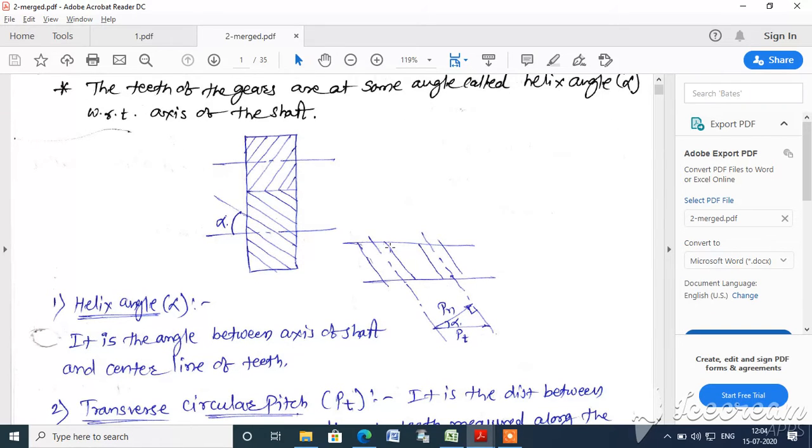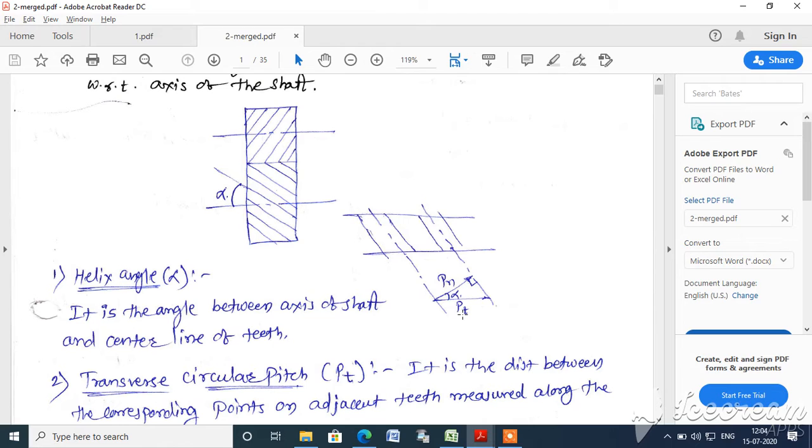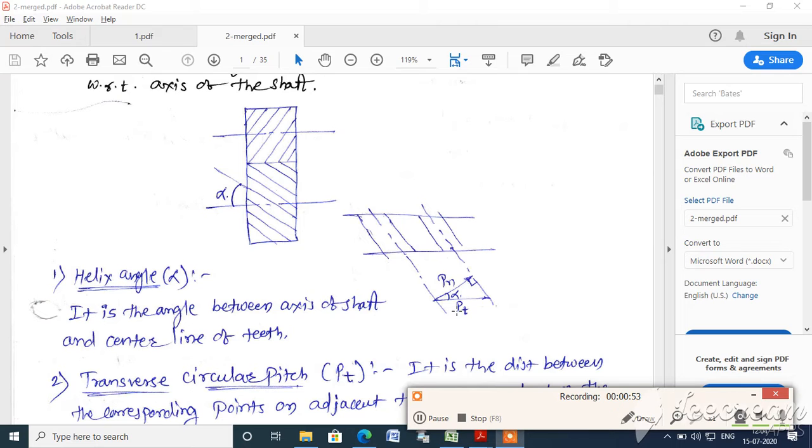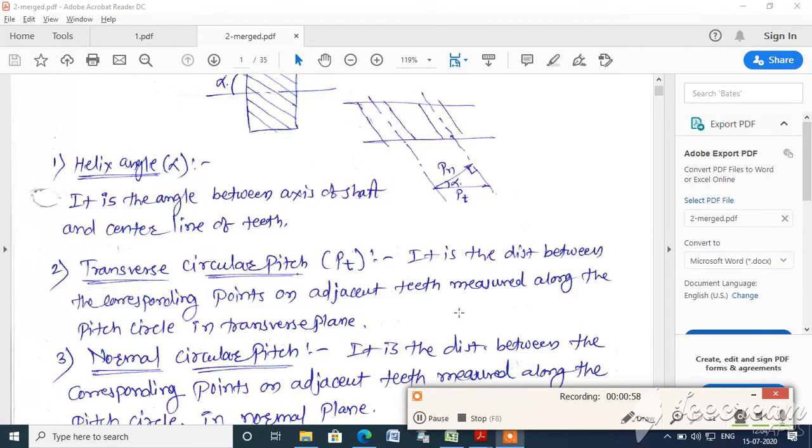Now, here I have drawn another diagram. Here, let us say it is a free body diagram of these gear teeth. So here Pn and Pt. These are normal circular pitch. Pn means normal circular pitch and Pt means transverse circular pitch. So what is transverse circular pitch?